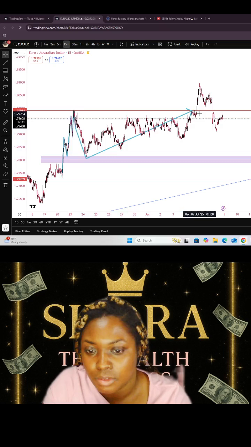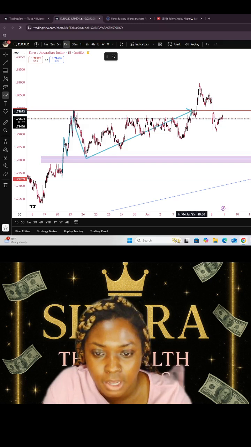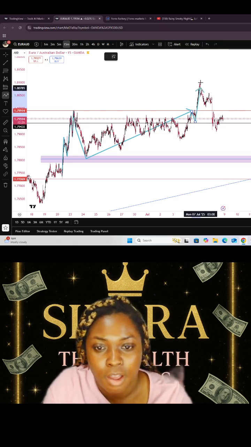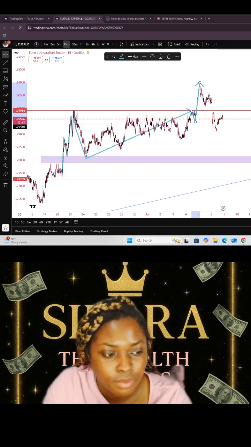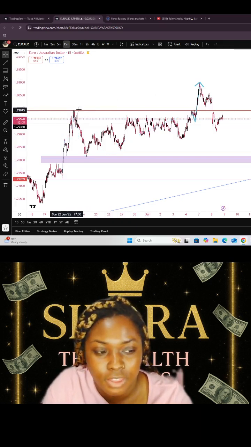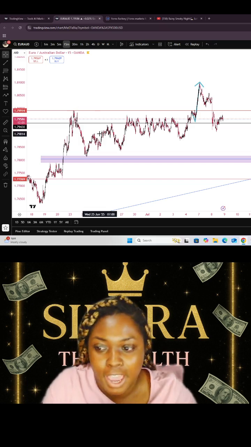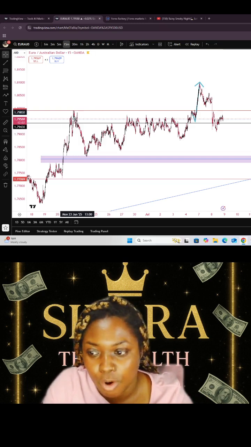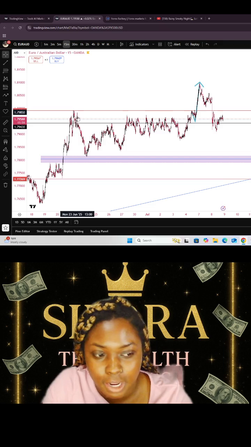And with me having equal highs, I can count this as a higher low. It can't be a higher high if it's not higher than the last high. It's not a lower high either, because a lower high is down here. A lower high isn't up here.